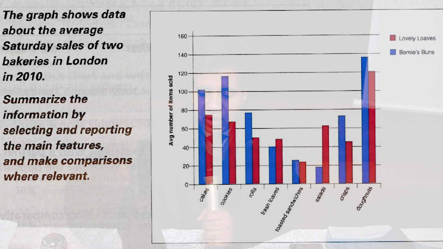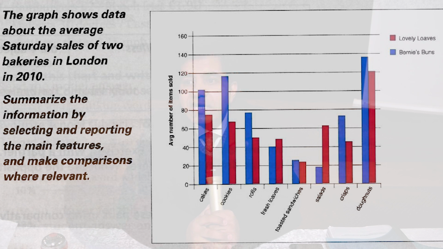You can see we've got lovely loaves and Bernie's buns. And the items are, what are the items down there? Cakes, cookies, rolls. Exactly. So which item is number 1? Donuts. Donuts are number 1.